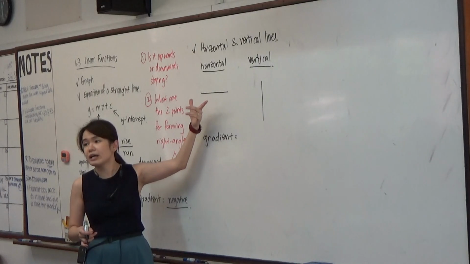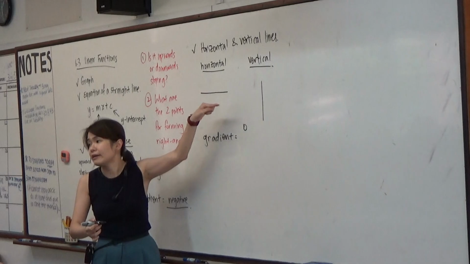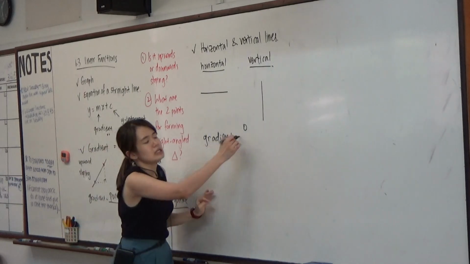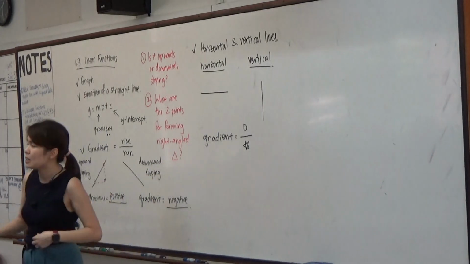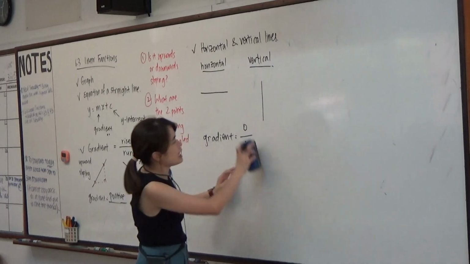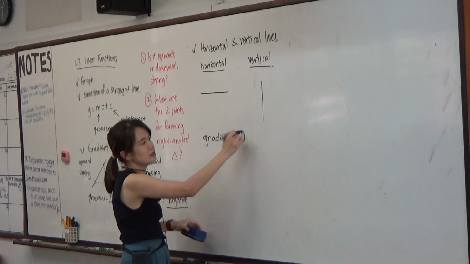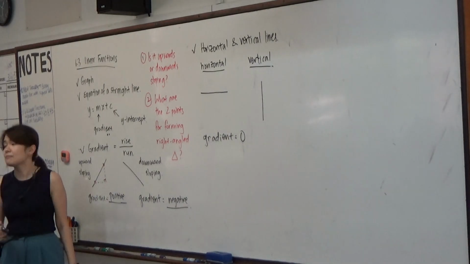There is no rise, right? So our rise is actually 0, but we do have a run. Agree? Okay, so it is some number. If I take 0 divided by any number, what is the outcome? 0, right? Therefore, for horizontal lines, our gradient will always be 0. Okay, so that is the understanding that we must have.